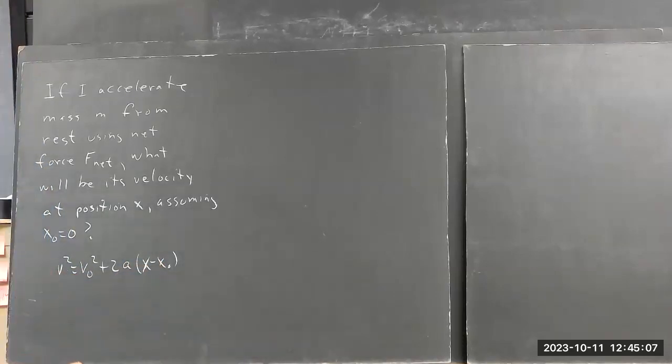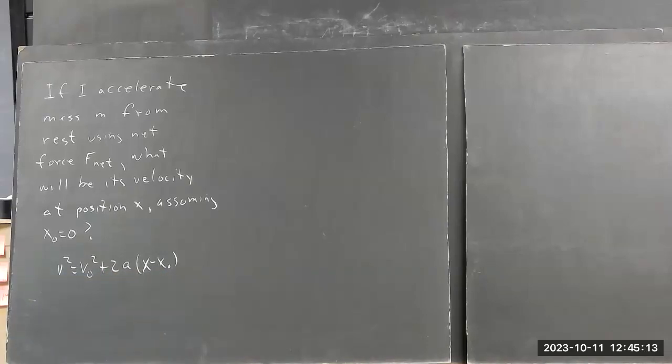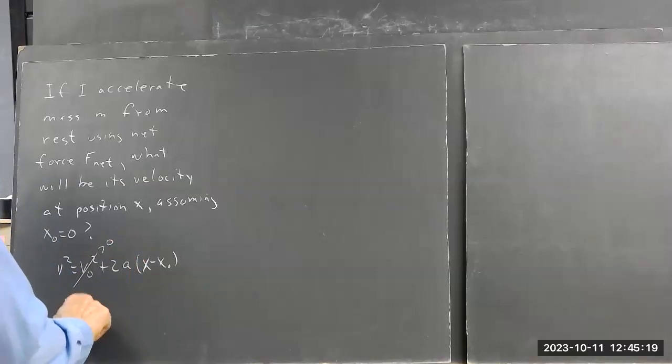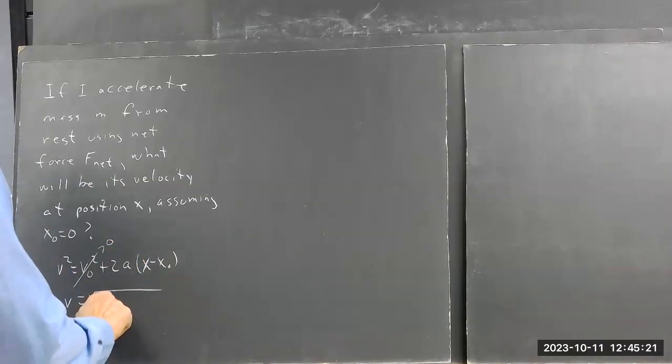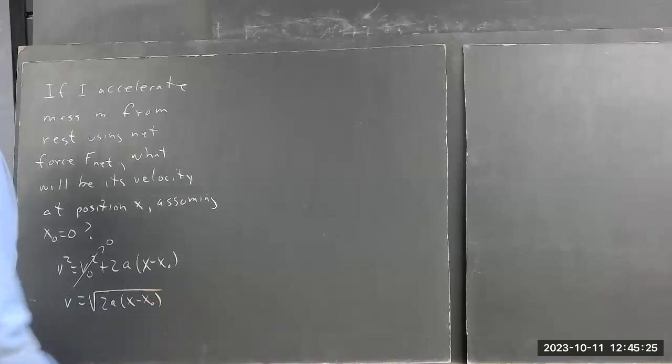Be very familiar with equations of motion from having done problems. And you should probably pretty quickly see this one, especially since you know that V naught is 0. You get V is the square root of 2a times x minus x naught.